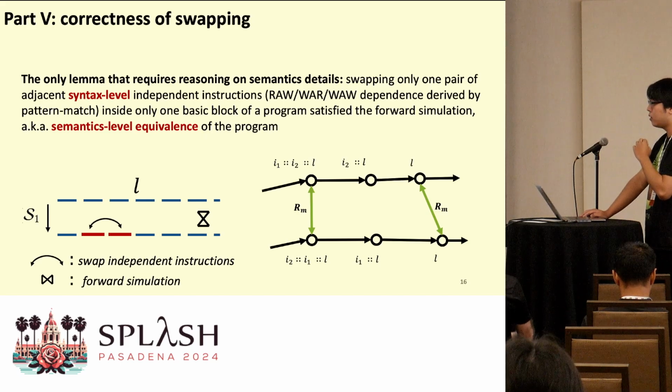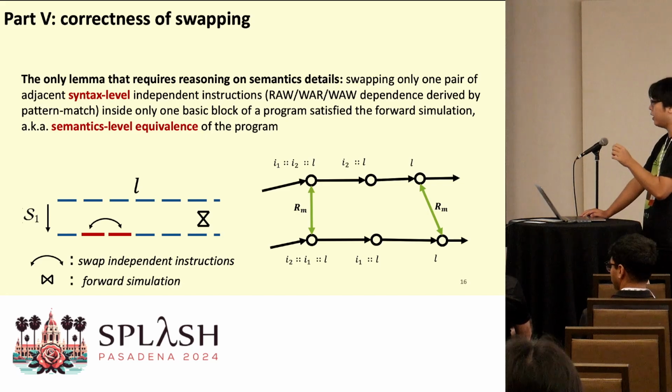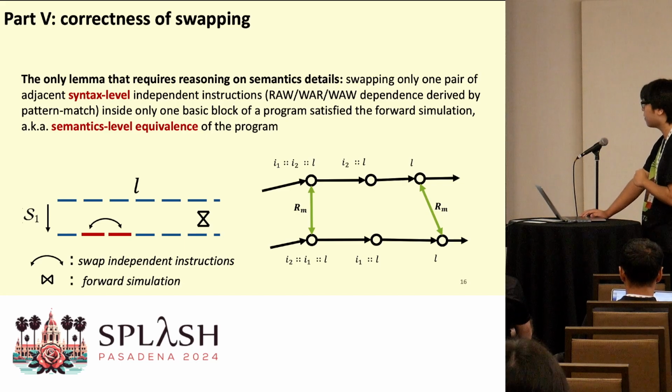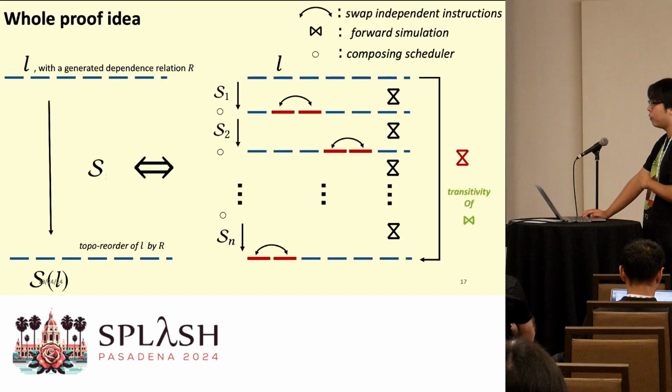Briefly speaking, the semantic details lead to reasoning on different cases of instruction pairs, and proving that after 2 steps of execution, the program state still matches. And connecting all the 5 components, we can get the full picture of how our proof idea is constructed.